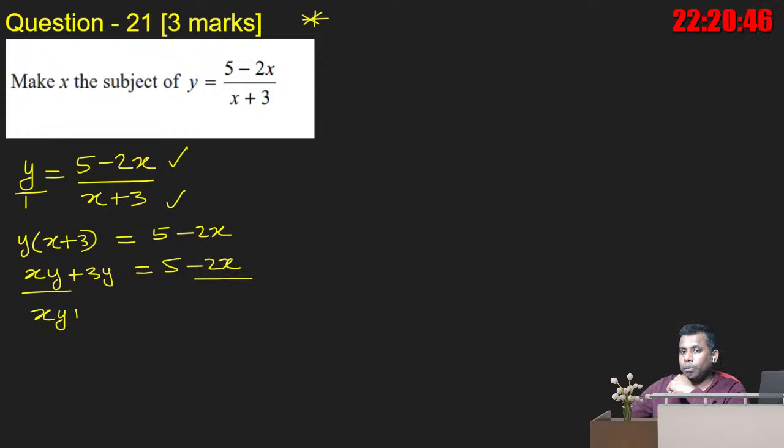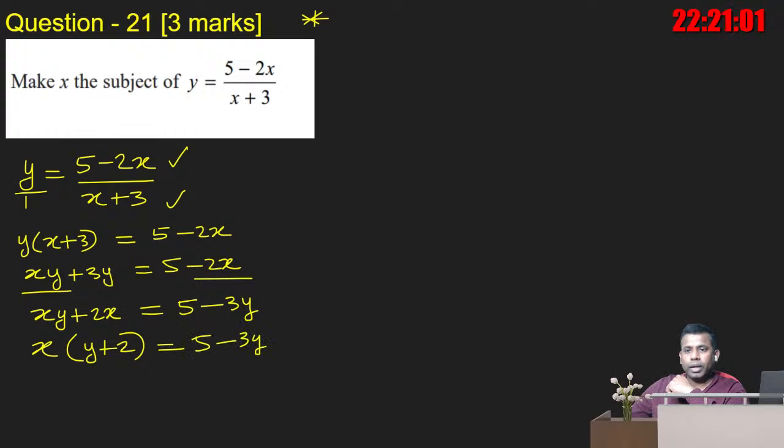So xy plus 2x equals 5 minus 3y. x outside of the bracket, y plus 2 inside, equals 5 minus 3y. So you can easily write the x answer: x equals 5 minus 3y over y plus 2, right? And that is the answer for question number 21.